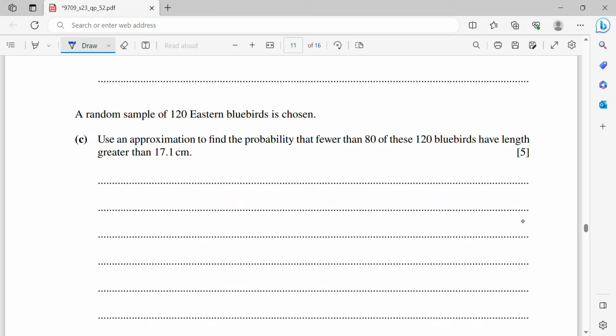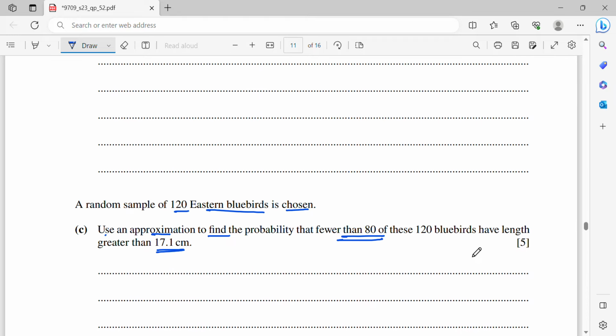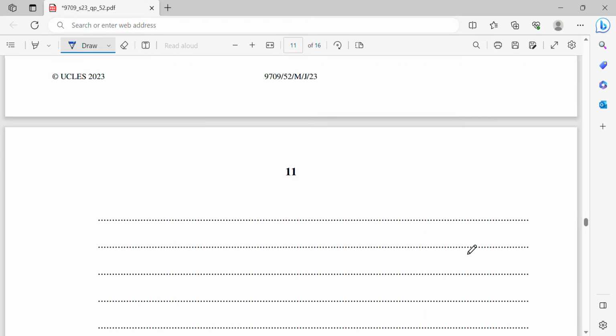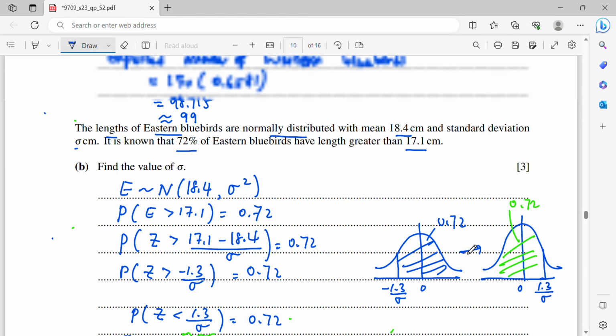Alright, now the next part: a random sample of 120 eastern bluebirds is chosen. Use an approximation to find the probability that fewer than 80 of these 120 bluebirds have length greater than 17.1. So now, the probability of greater than 17.1 is given basically.